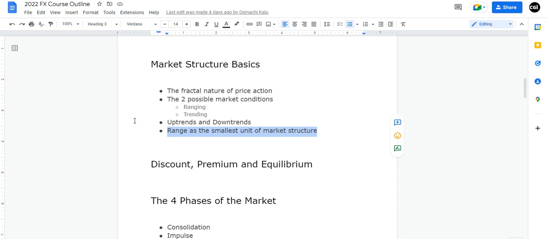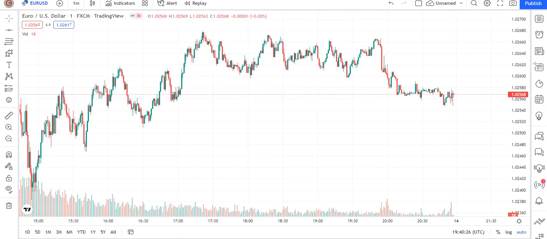So let's just run through the rest of it. Two possible market conditions. Basically, what the market always does is that it is moving up and down at all periods in time. You can observe that on the chart. It's always moving up and down, up and down. The market does not move sideways. It moves up and it moves down. In general, you may say it's moving sideways.